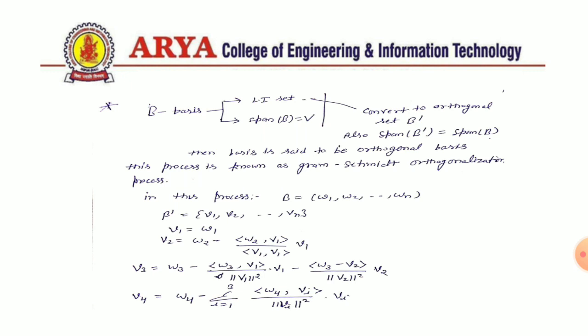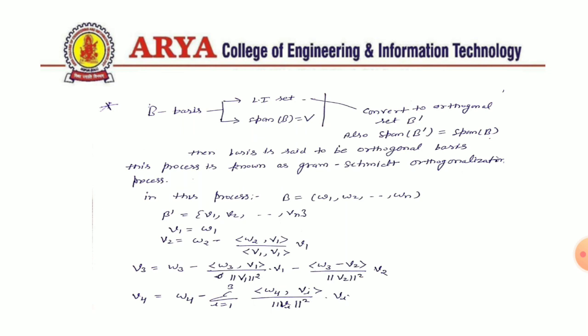In this process, let us suppose that B equals W1, W2 and so on up to Wn, that is a set of n vectors. Also suppose B dash equals the set V1, V2, V3 and so on up to Vn. Let V1 equal W1 and V2 equal W2 minus inner product of W2 and V1 upon inner product of V1 and V1, into V1.